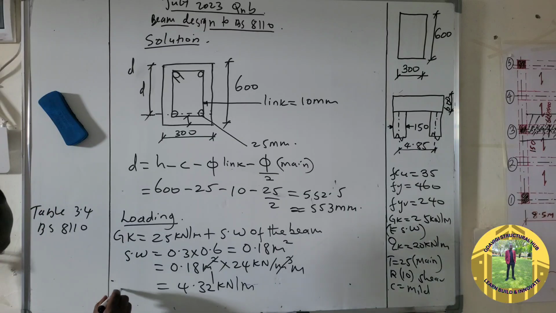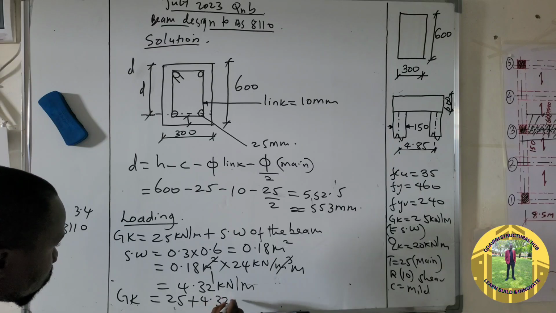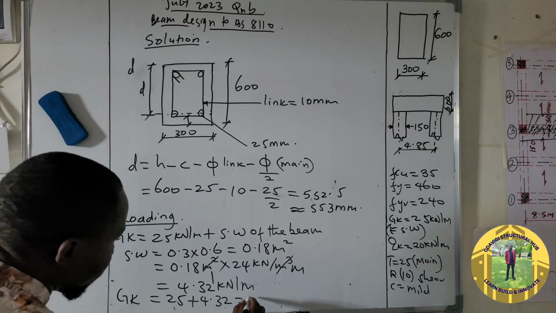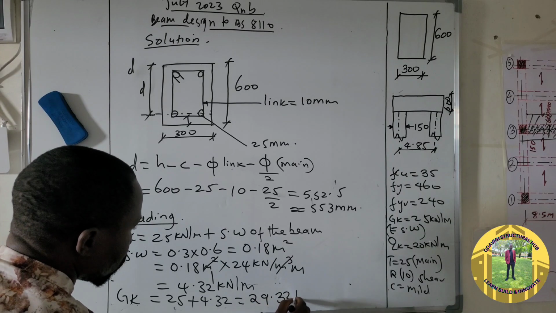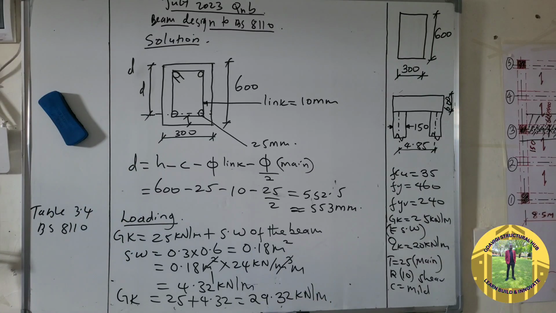So the GK is equal to 25 plus 4.32, which is 29.32 kilonewton per meter.